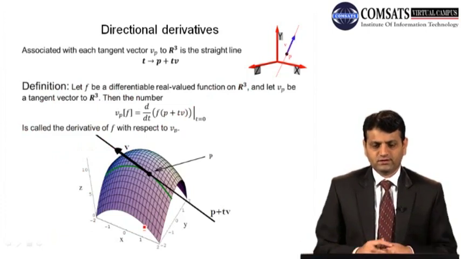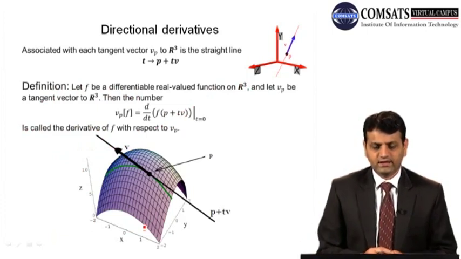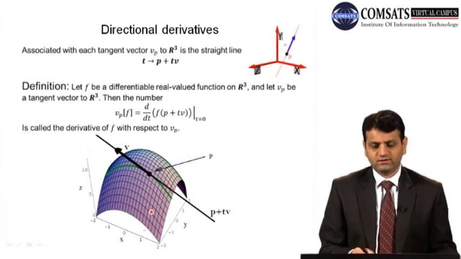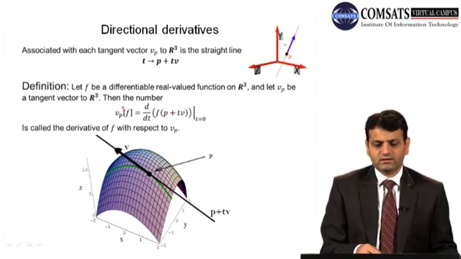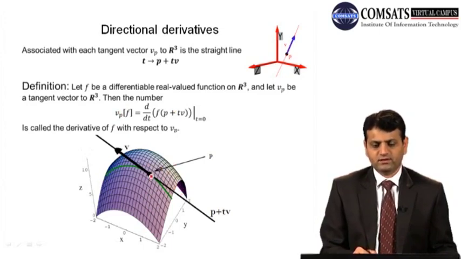Now we are going to use this line to define the directional derivative. Given any function f, we can draw its graph. It's going to be a surface in R3, and on the surface there are many curves. For example, passing through point P, there are many curves.